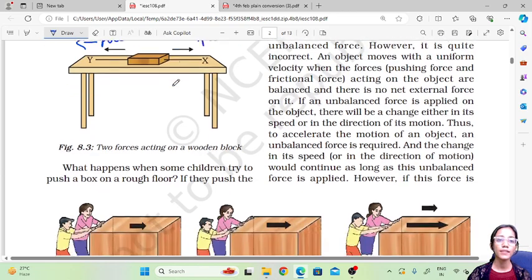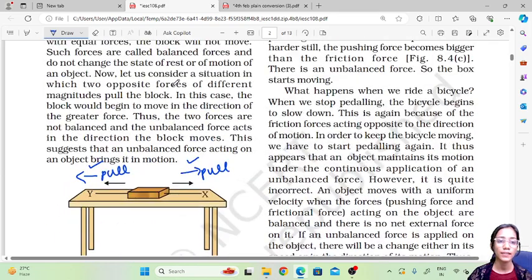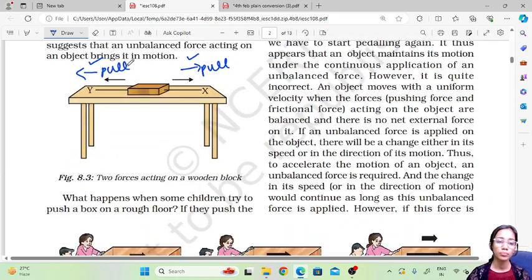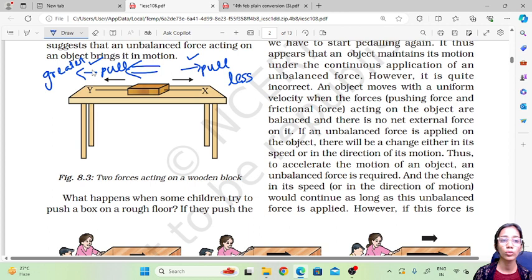Now in the second case, if the pull on this side is greater and over here it is less, which side will the object move? It will move this side, right, if the pull is greater.